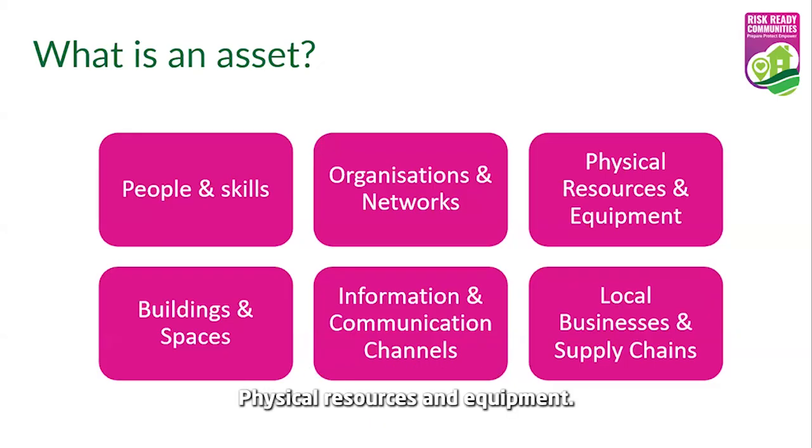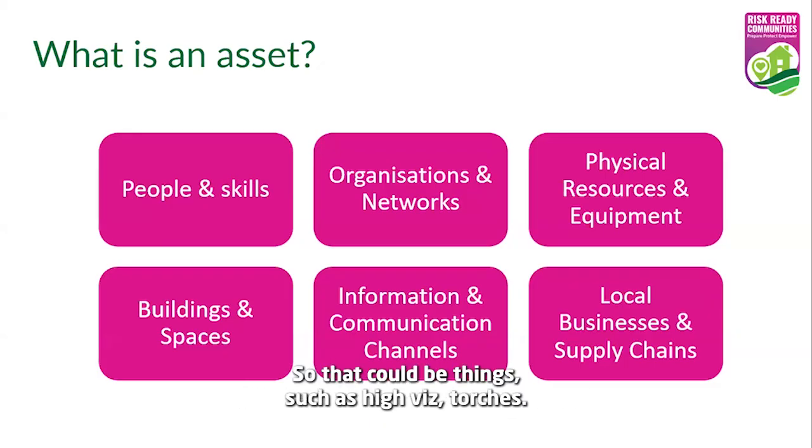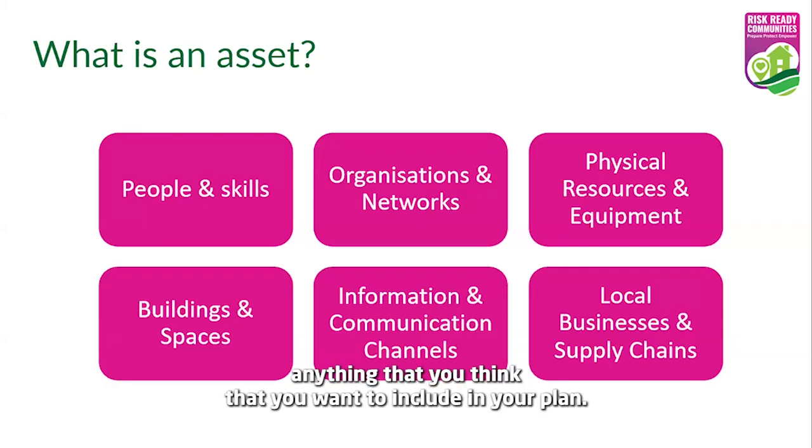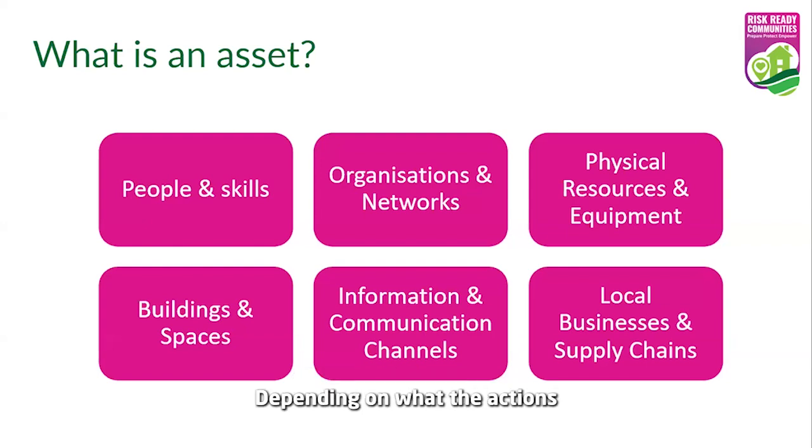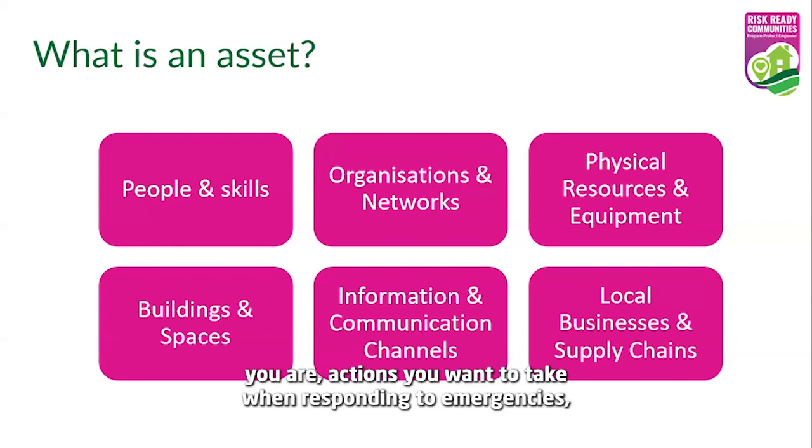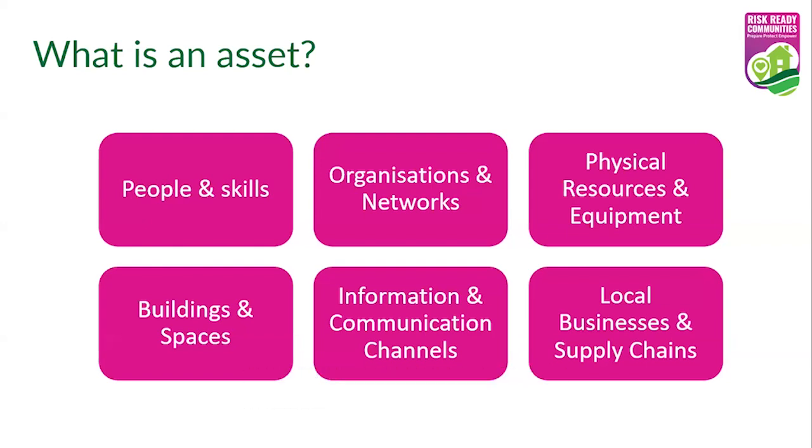Physical resources and equipment. That could be things such as high-vis jackets, torches, or radios. It could be anything that you want to include in your plan, depending on the actions you want to take when responding to emergencies.